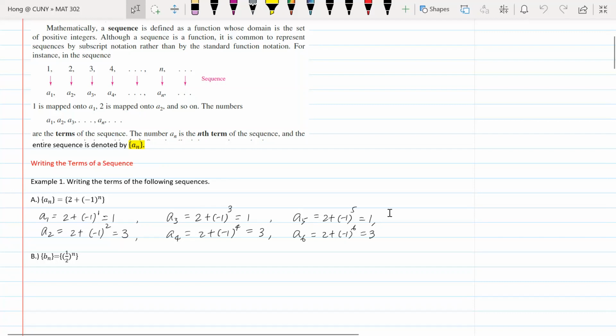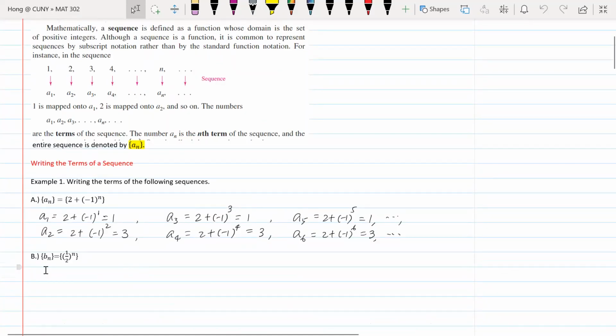A sub 7 equals 1, back to 1. A sub 8 equals 3. So the value of all the odd terms is 1, and the value of the even terms is 3. Let's see the second example.